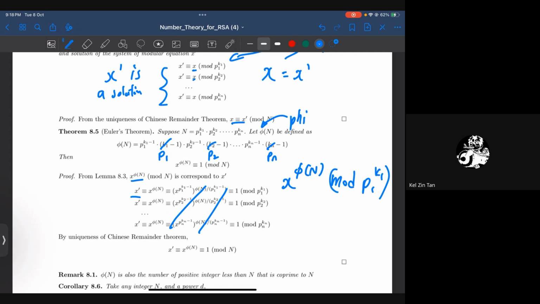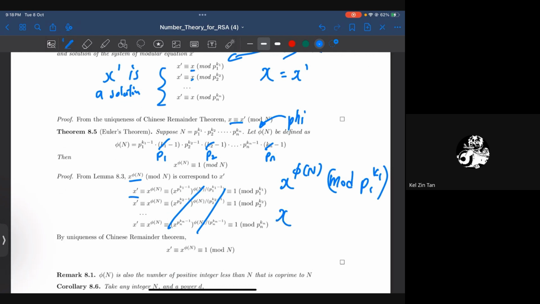Because phi n is a multiple of all these things, this is just p1 to the k1 minus 1 times p1 minus 1, multiplied with a lot of things, because we define phi n as something like that. And then in the end we have modulo p1 to the k1.